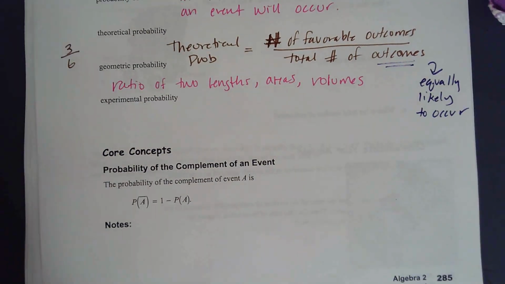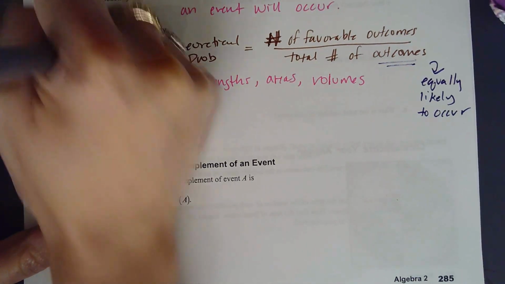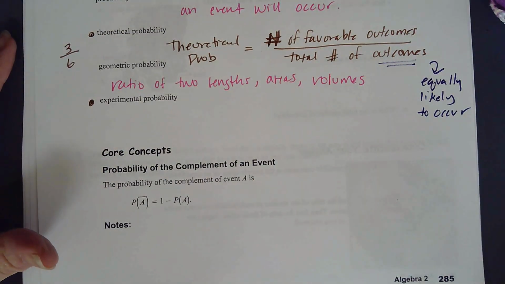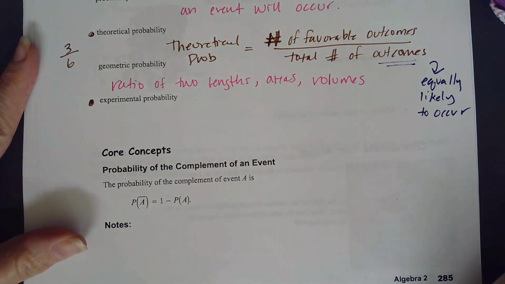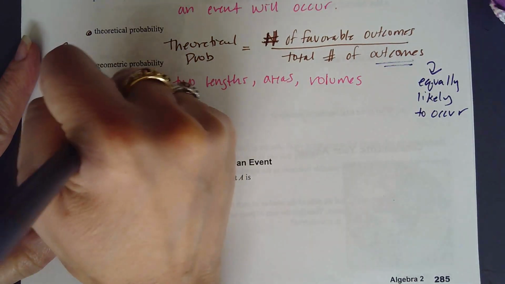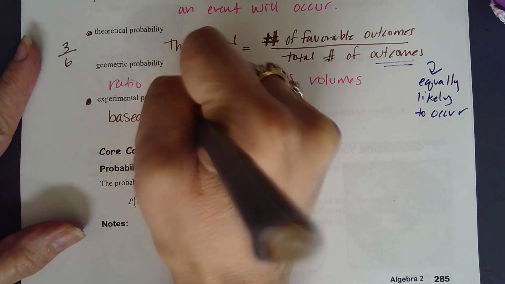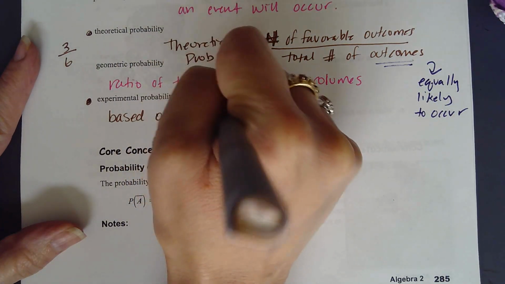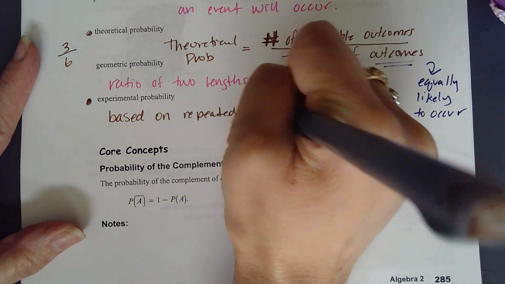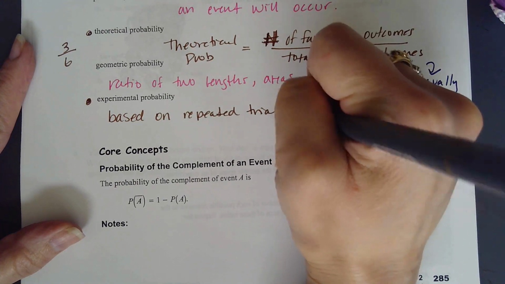All right, experimental probability. That's a little bit different. Experimental and theoretical are the 2 main types of probabilities that we get into, though obviously geometric is in there as well. An experimental probability is based on repeated trials of a probability experiment.